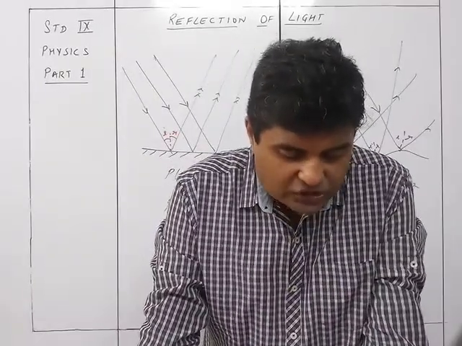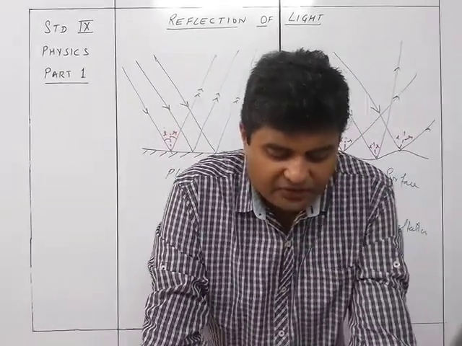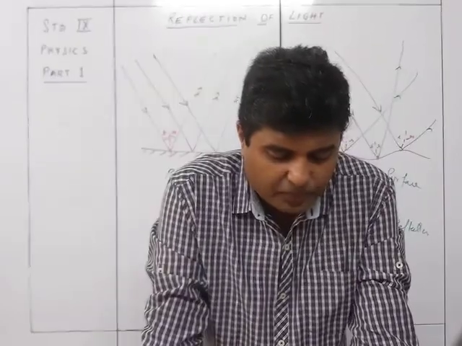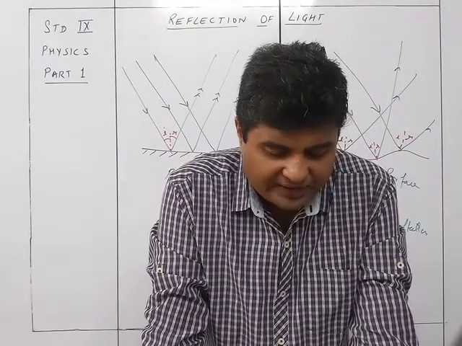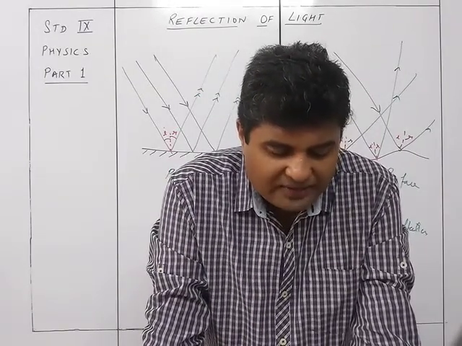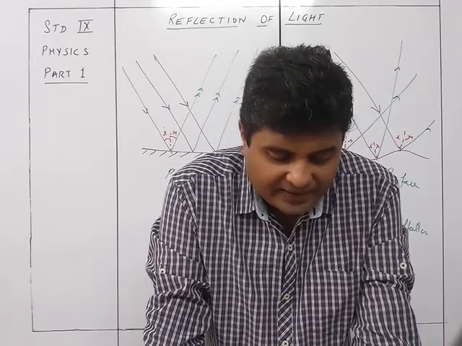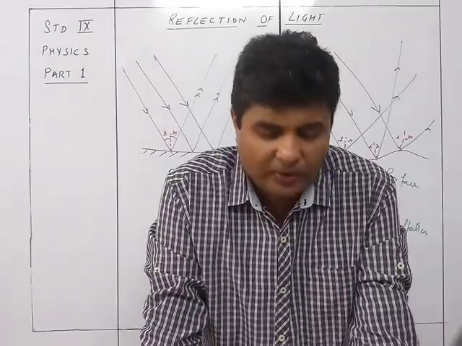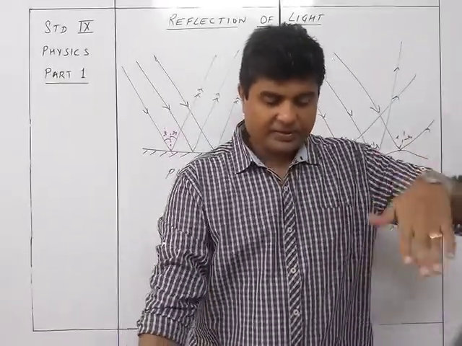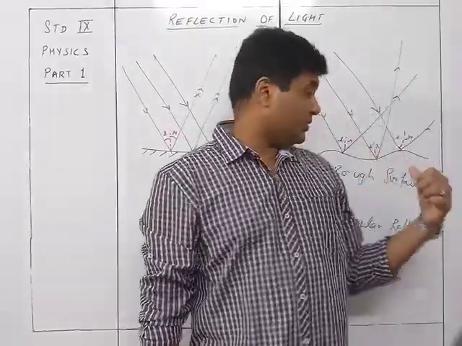The light falls on different points of the rough surface and each ray gets reflected from it, obeying the laws of reflection of light. Due to the uneven surface, at different points, light rays get reflected in different directions.